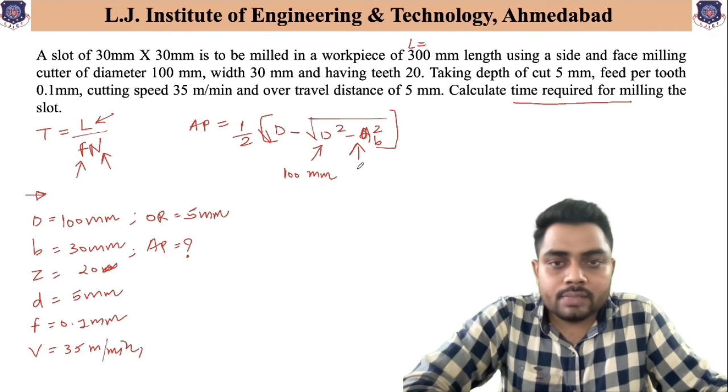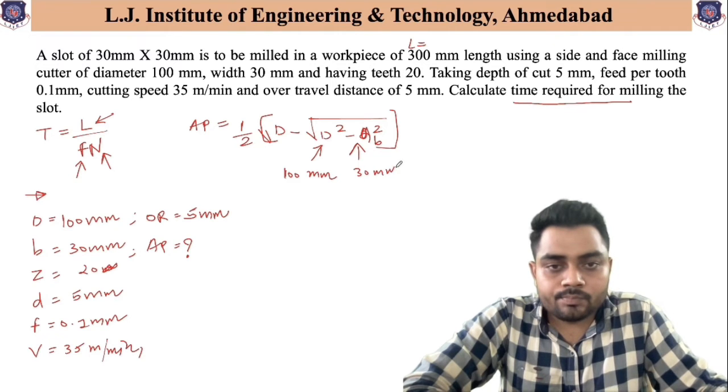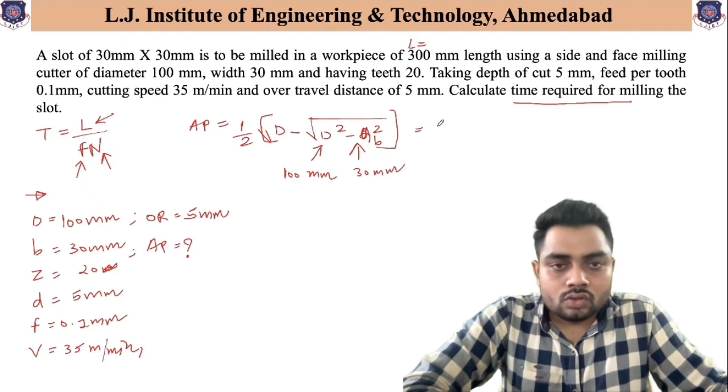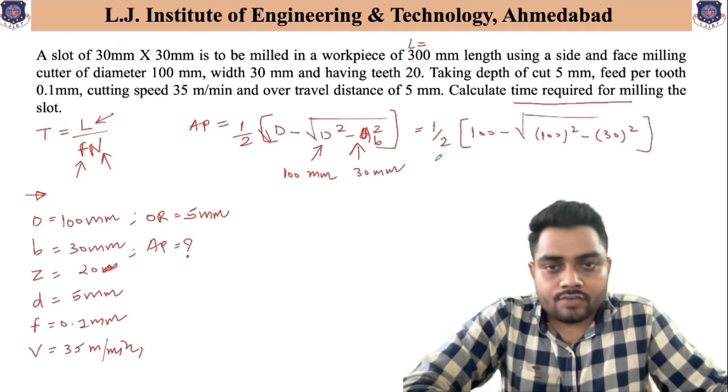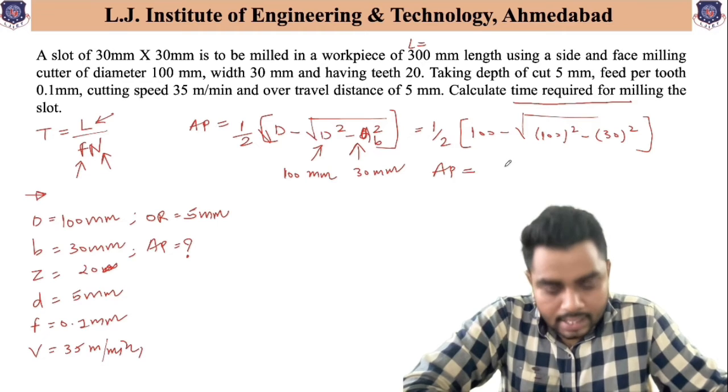So capital D is 100 mm, and B is 30 mm. After placing the values, we get 100 minus under root 100 square minus 30 square. After solving this equation, we get the approach AP as 2.3 mm.